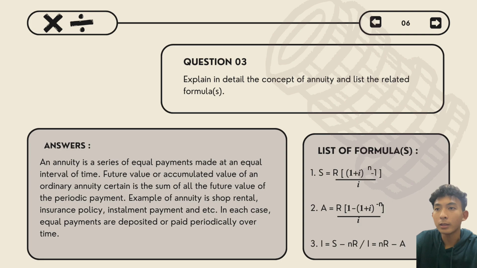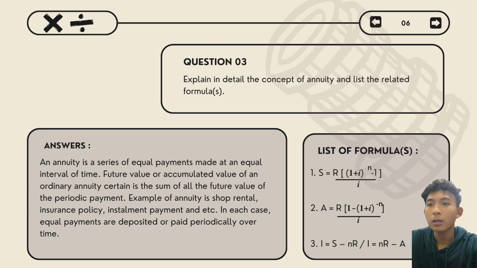So basically in this chapter there are 3 formulas that we need to use. The first formula is S equals R, large bracket, followed by small bracket, 1 plus I, small bracket, to the power of n, minus 1, over I, and large bracket.